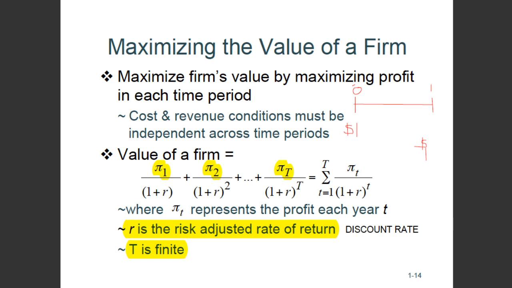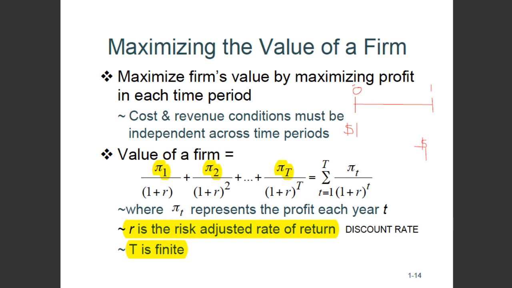Okay, so what you have is two options. Either you can have $1 today, or you're offered $1 next period.